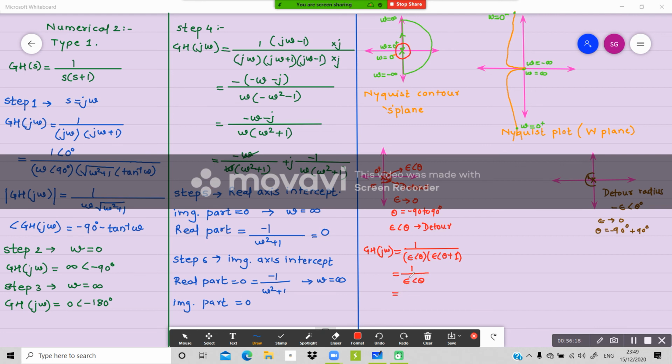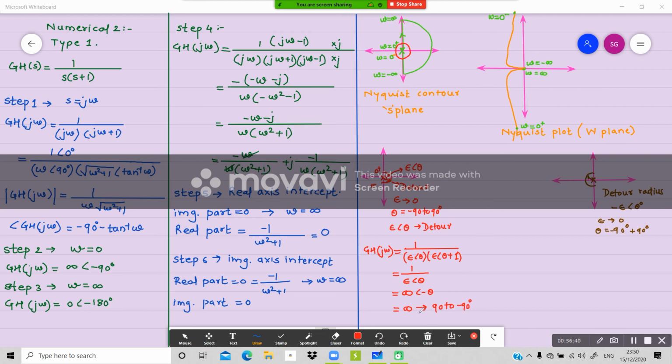So going up, 1 upon epsilon, 1 upon 0, so infinite magnitude, correct, and this angle will be minus theta. So how this infinite magnitude is going to vary for angle minus theta, that means 90 to minus 90.